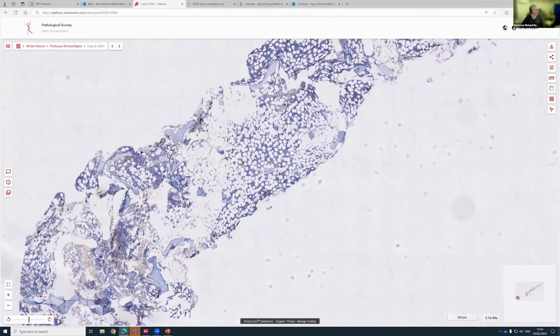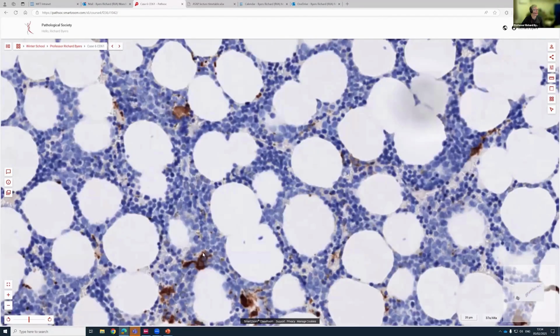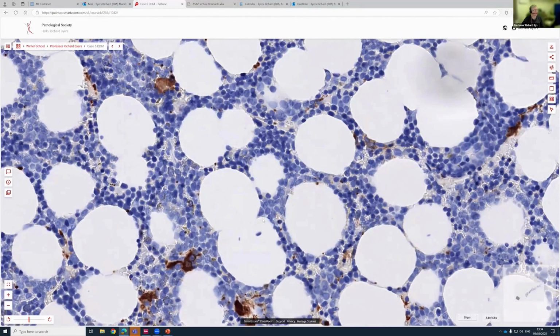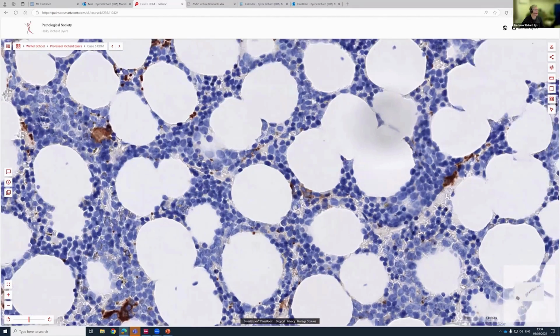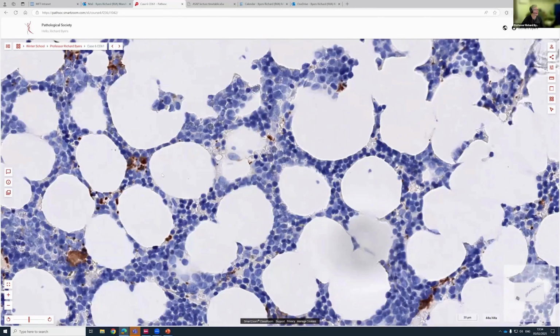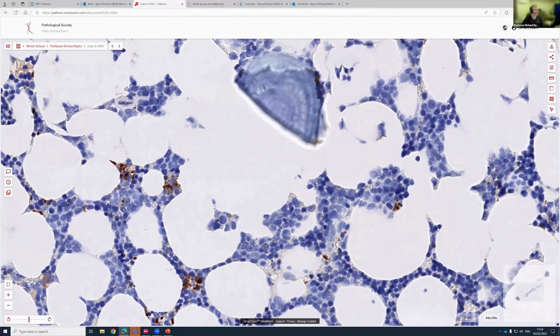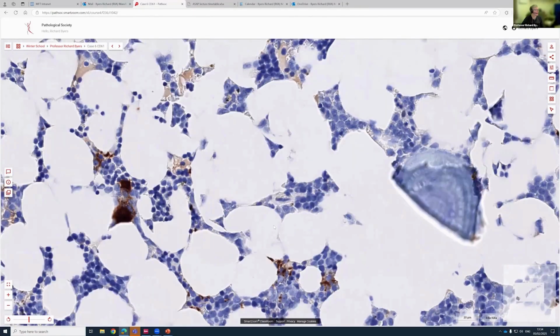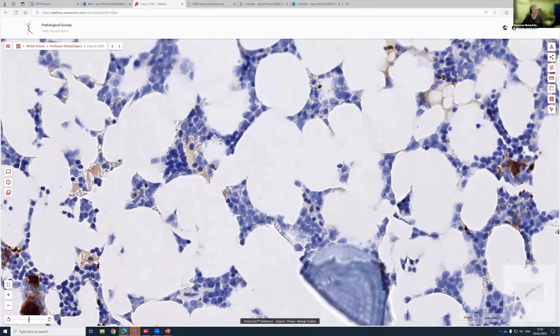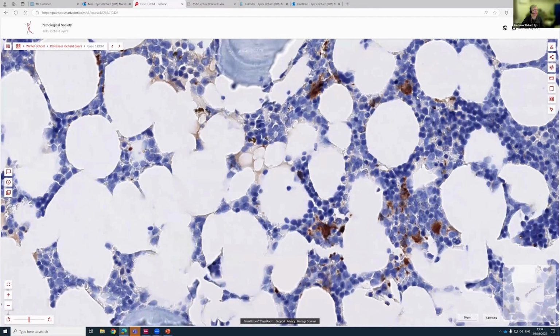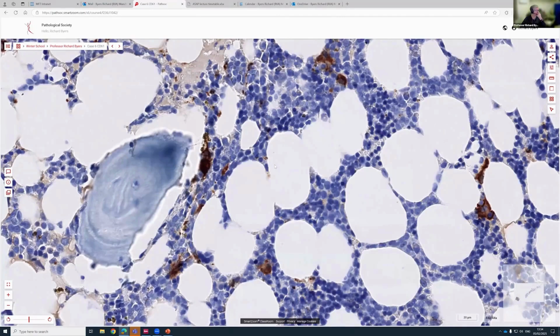So here are the CD61s. This is a really useful stain, and we use this a lot for diagnosing myelodysplasia because here we've got lots of small megakaryocytes, lots of platelet fragments, a small micromegakaryocyte. And micromegakaryocytes, like here, here, here, are not usually seen, and they're not seen physiologically.